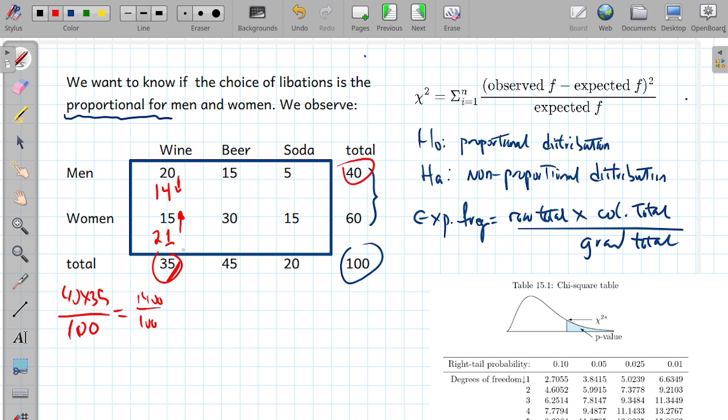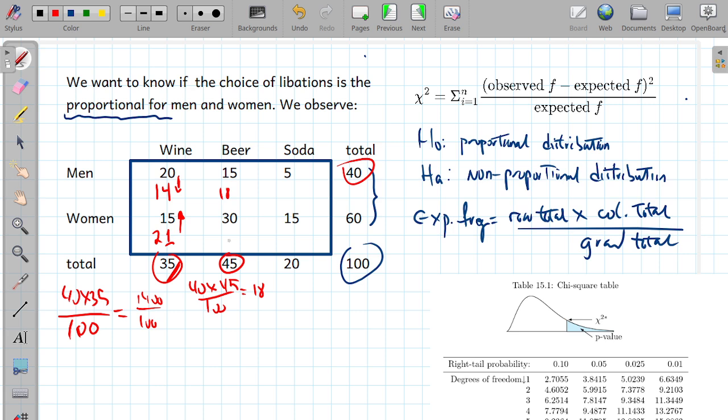Let's go over here now. Let's do this one. 40 times 45 divided by 100. So what is 40% of 45? Well, that should be 18, but let's check. Here we have 40 times 45 should be 1800, and it is. So this works out to 18.